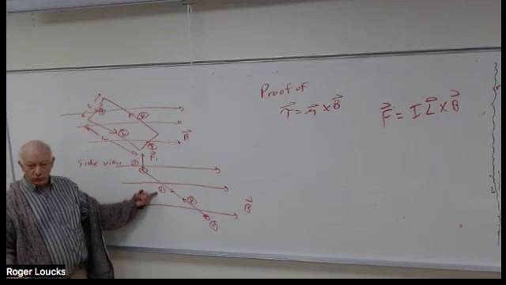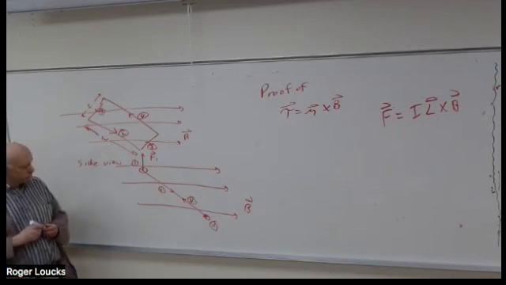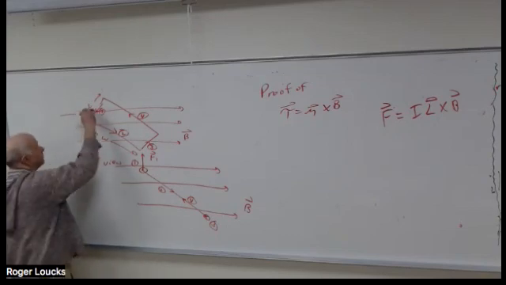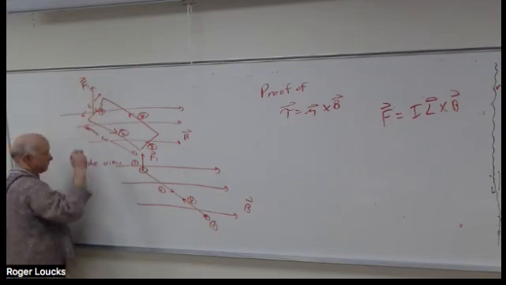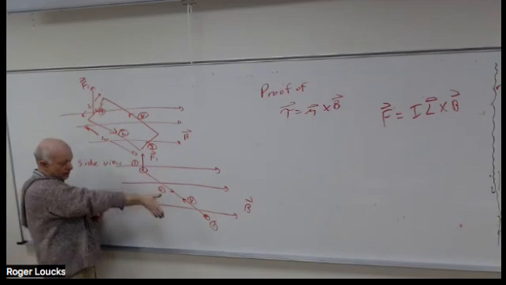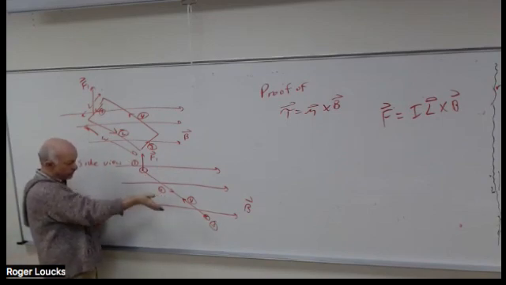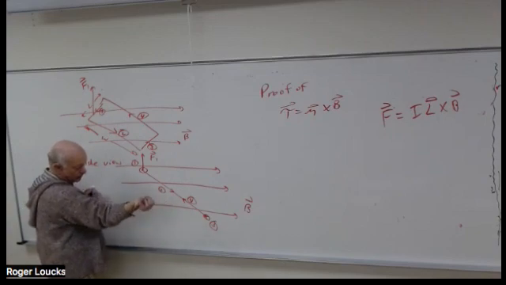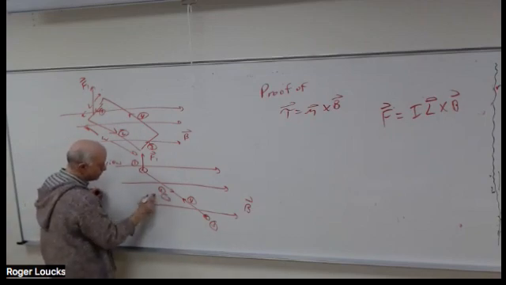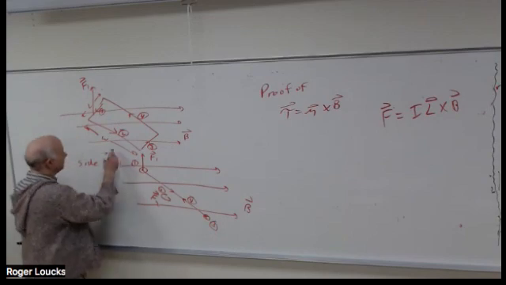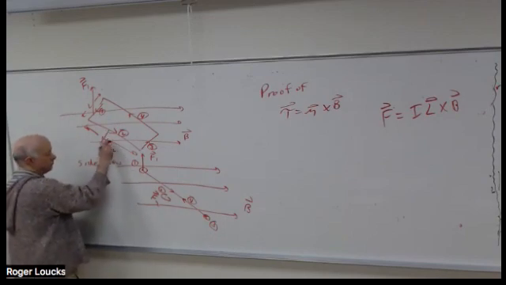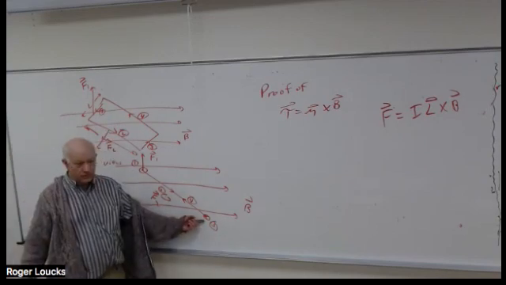What about on side 2? This would be the force on this. So L cross into B, so what do I have to do with my hand? I have to flip it. So it's going to be L cross into B like that. That's going to be out. Tell me about side 3.